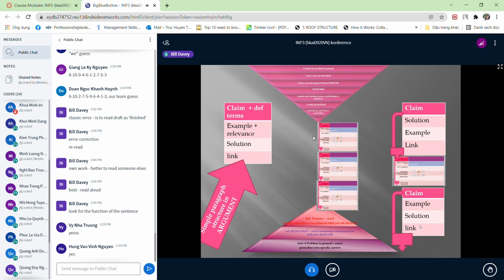So the simple paragraph structure in an argument is important to think about, because in an argument, this is not an argument where I shout at you and then you shout back at me. This is an argument where we try to build a logical sequence of ideas which persuade somebody that we are right. It's that sort of argument.